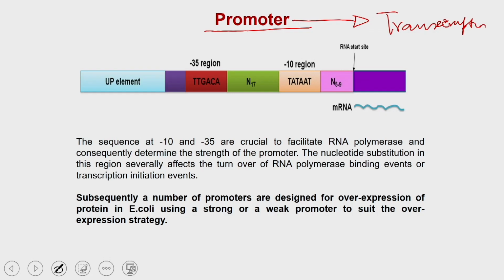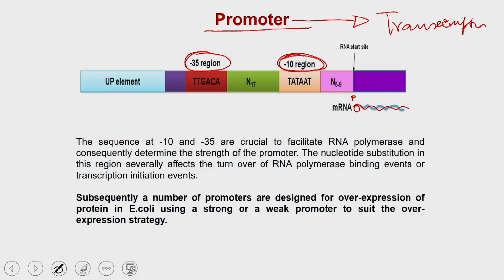In a typical promoter you have two regions, one called the -35 region and the other called the -10 region, and this is your site 0 from where the messenger RNA is going to be synthesized. All these promoters are upstream to the start site, and the -35 region as well as the -10 region contain different nucleotide sequences.